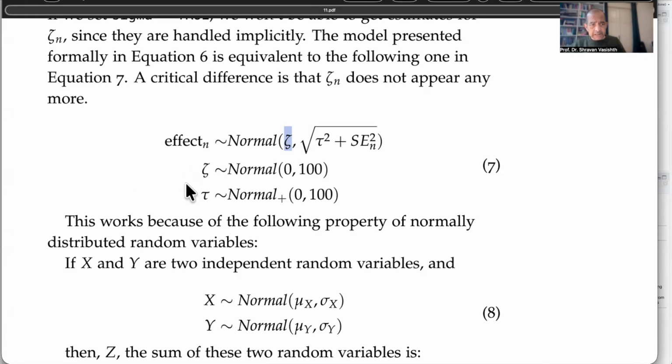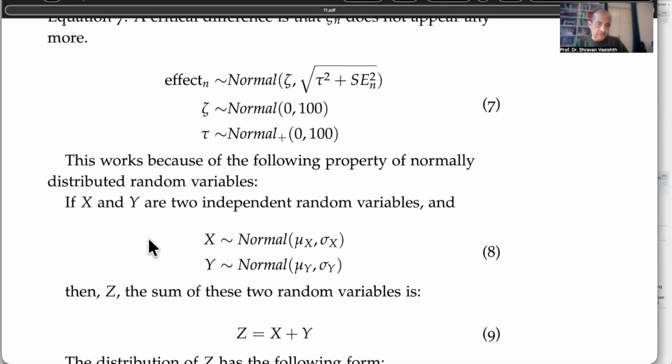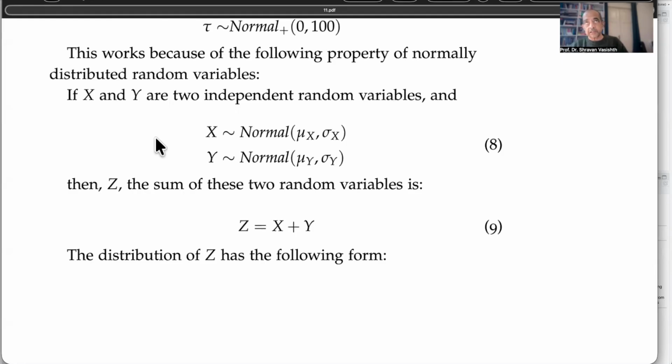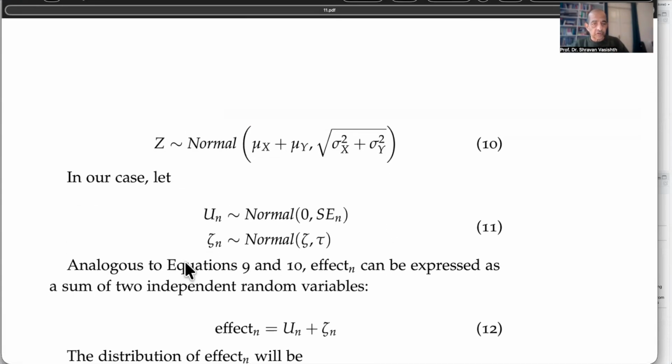So now the parameters are still zeta and tau, but notice that there is no zeta sub n anymore. The way this works is as follows. It's a fact from statistical theory that if you have two independent random variables x and y, with means mu x and mu y and standard deviations sigma x and sigma y, and you take the sum of those two random variables to create a new random variable z, then the mean of that random variable will be the sum of the means, since they're independent.